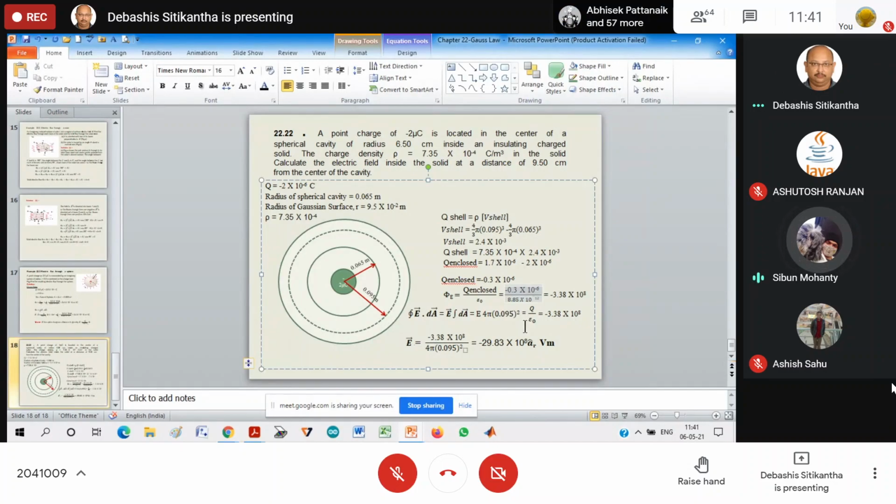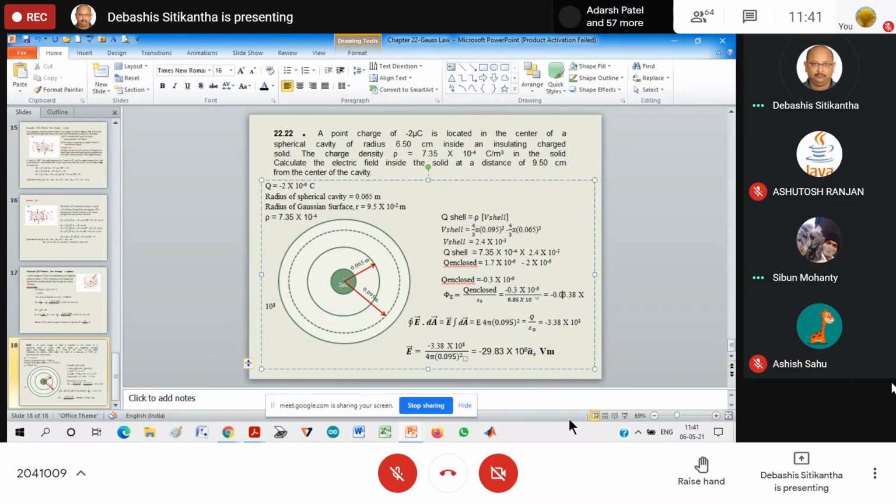The electric flux will be 0.033 into 10 to the power 6. Okay, that is what we have done.